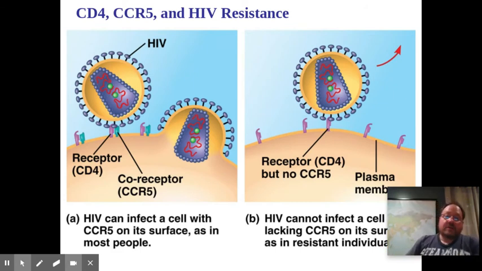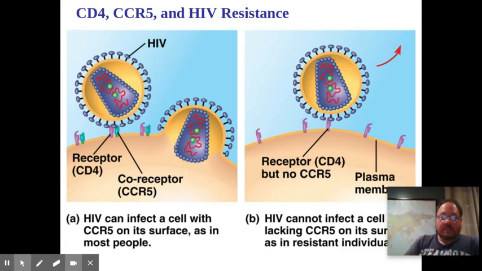Now, what has been found is there are certain pockets of people around the world that are resistant to HIV. They won't be infected with the virus. And so when they've done testing on these individuals who are resistant to HIV, what they found is these people don't produce this CCR5 co-receptor. So if you lack the co-receptor, the virus may be able to dock on the CD4 receptor, but it can't infect the cell.